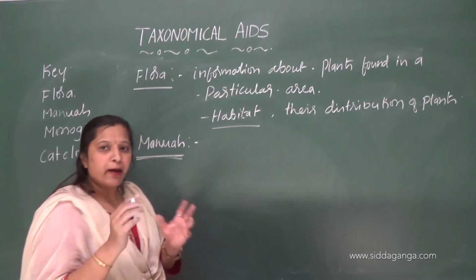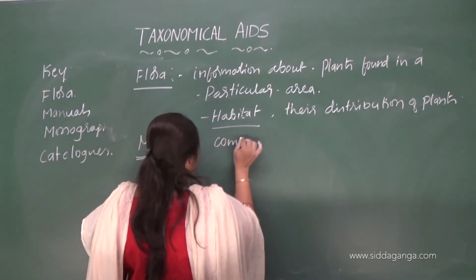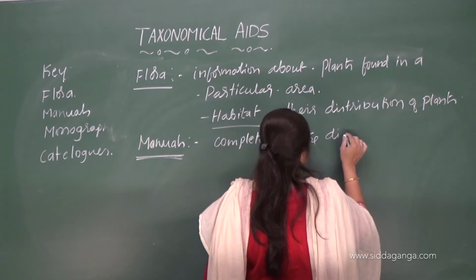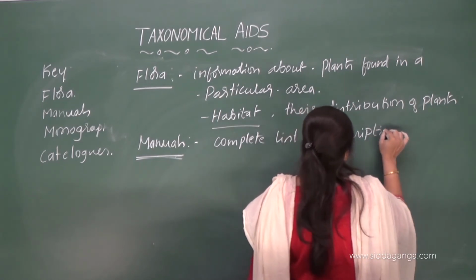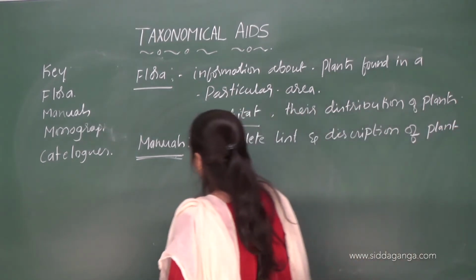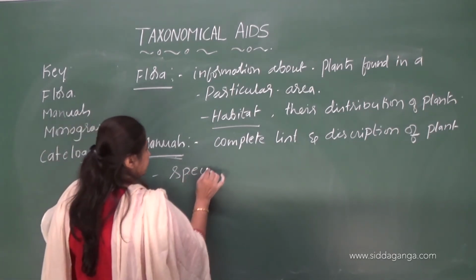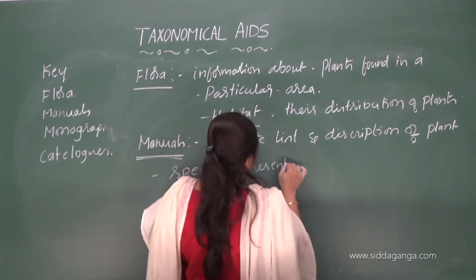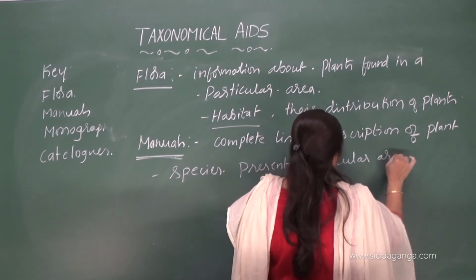Whereas manuals contain a complete list and description of plant species present, or found, or grown in a particular area.